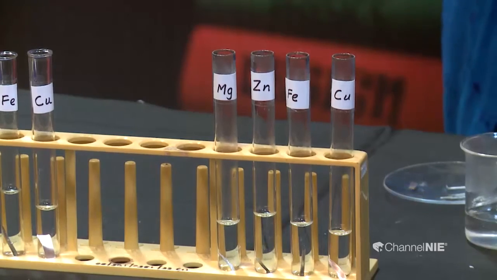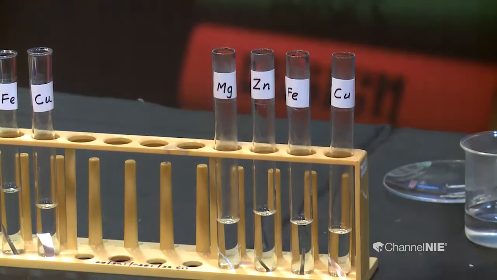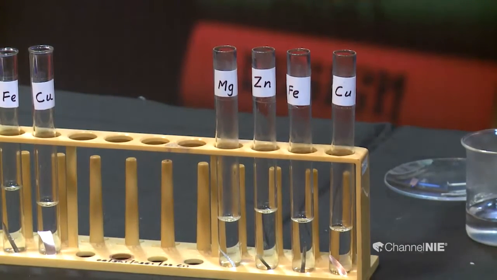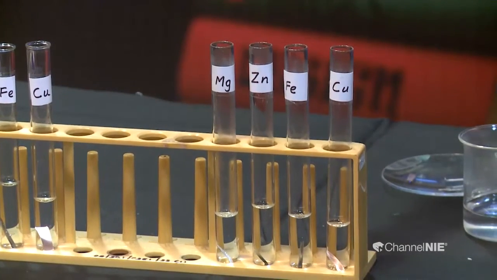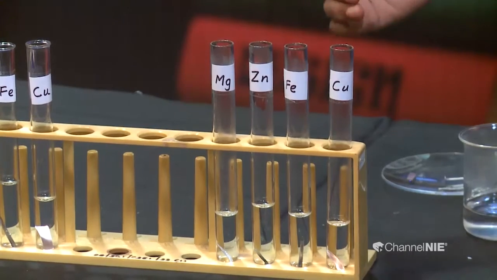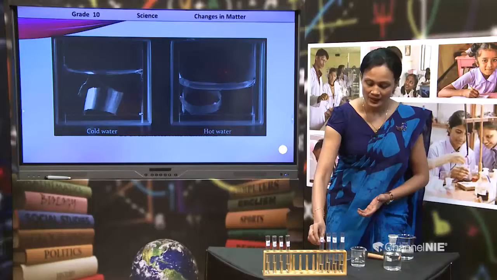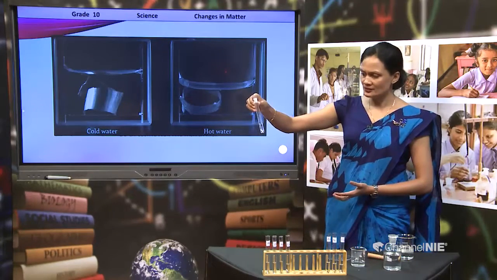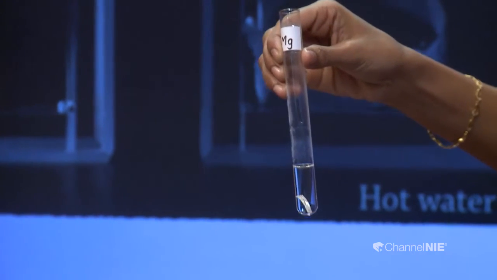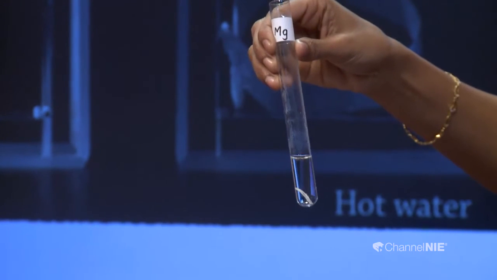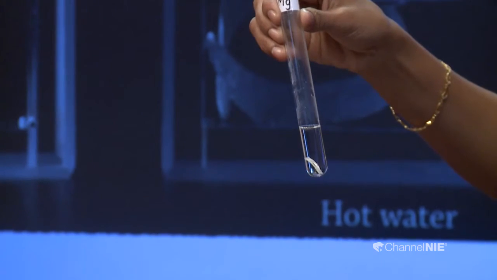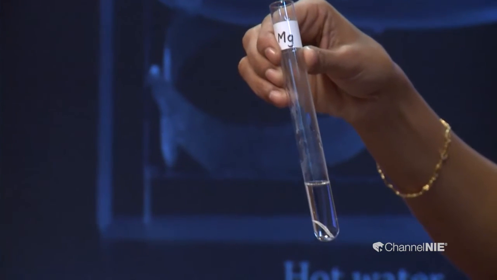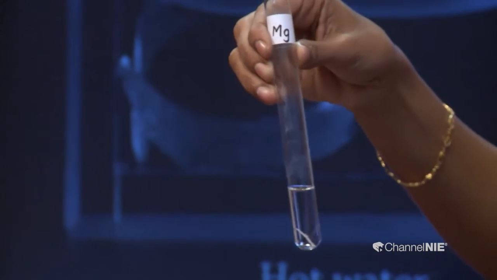Observe that, children. Here I put different metals and after that I pour hot water into each test tube. If you observe this one very carefully, you can see small gas bubbles evolving near the magnesium strip.